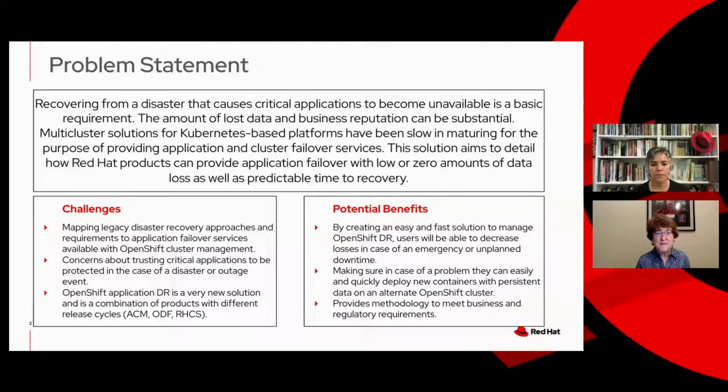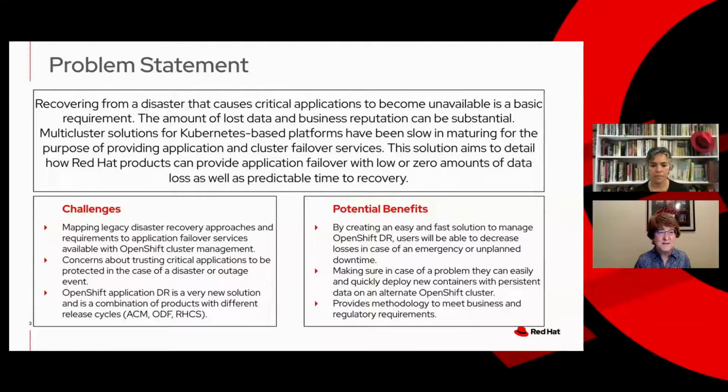By doing this, if we are successful in doing disaster recovery for containers on an Openshift platform, then we will have a way of actually failing over to a new cluster environment and being able to provide service.